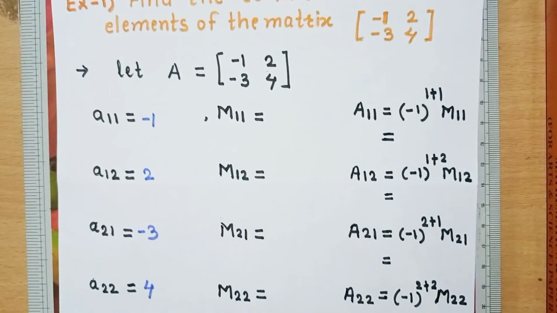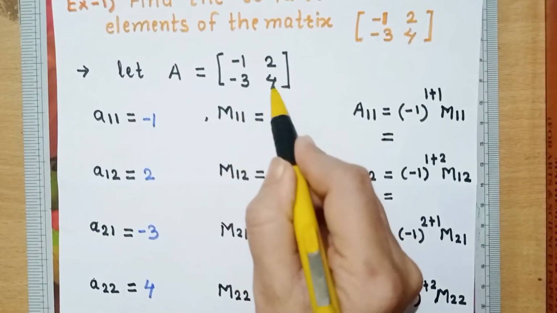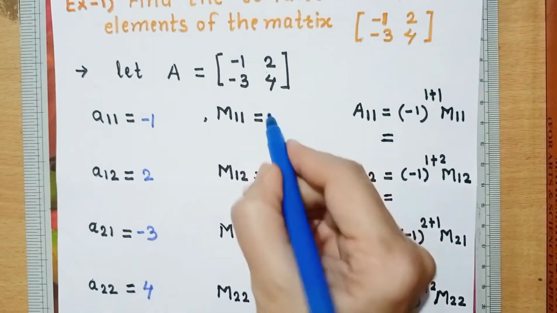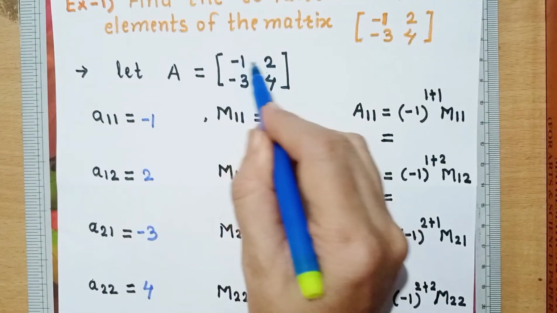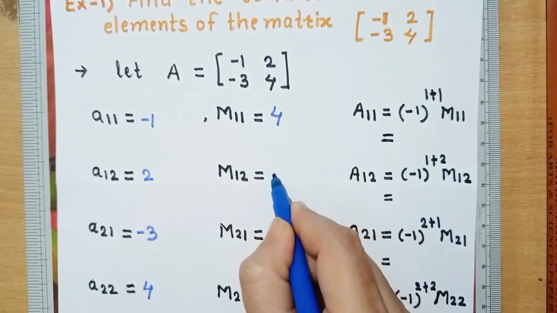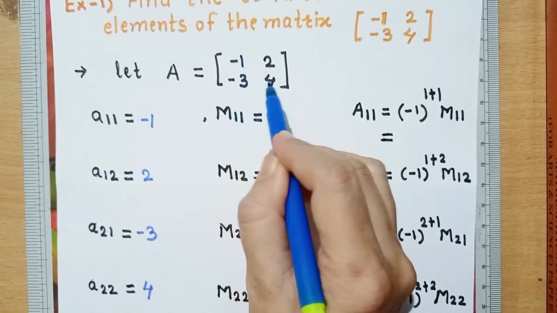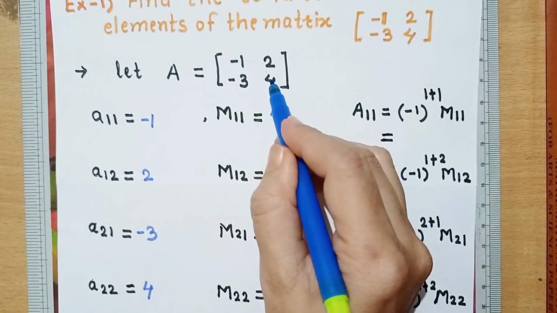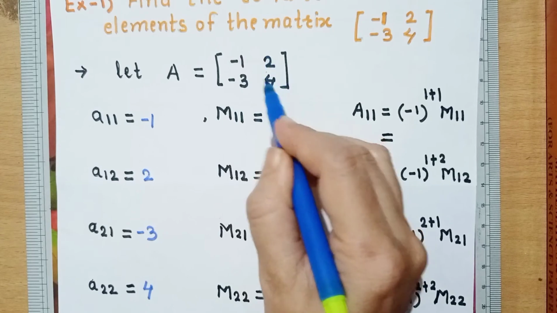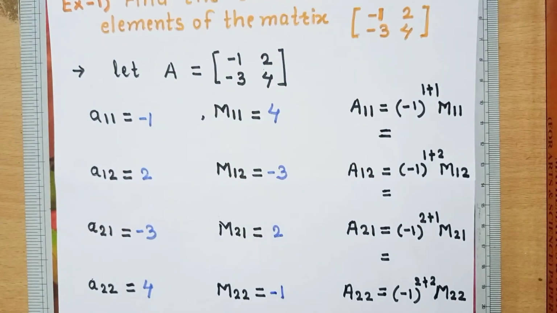Now write down M11. This minor is obtained by deleting row and column. So this number is 4. In the same way M12, delete this row and column. This is -3. Now minor of this is 2. And minor of the last element is, delete this row and column. What is remaining? This is -1.